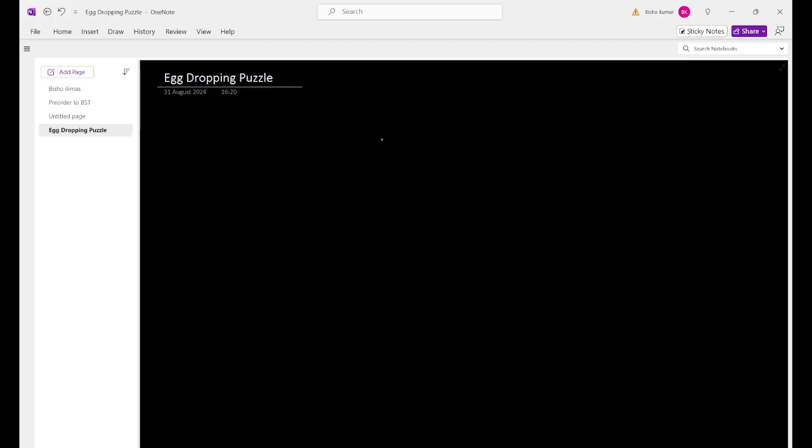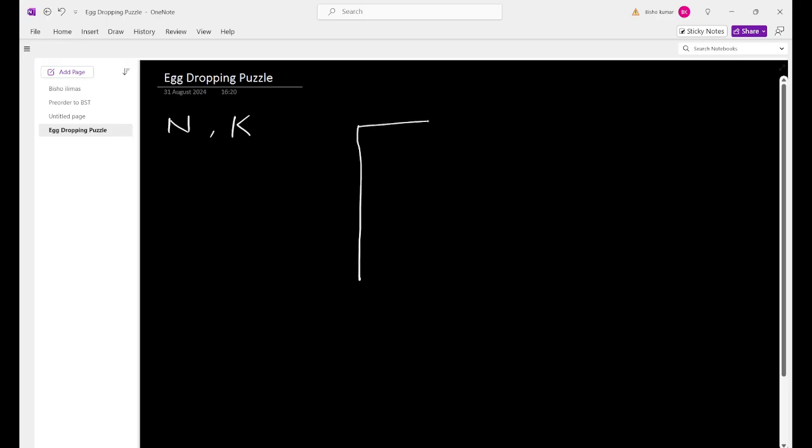Okay, here we are given n eggs and a total of k floors. Here we make the floors.